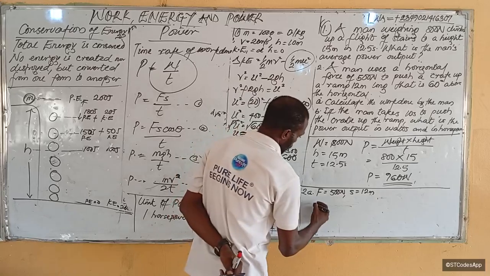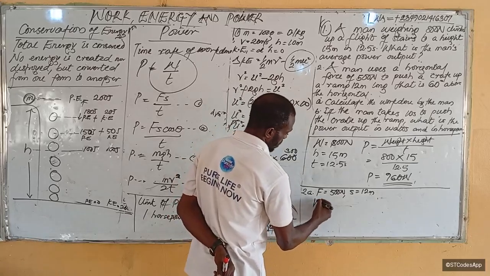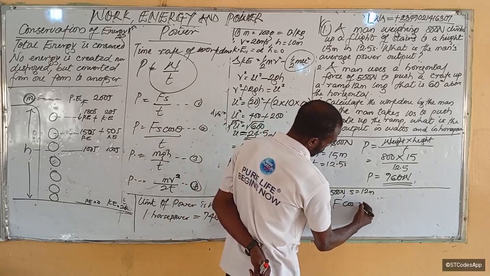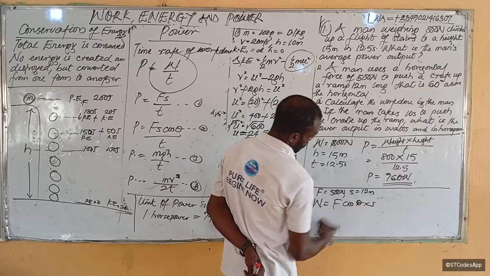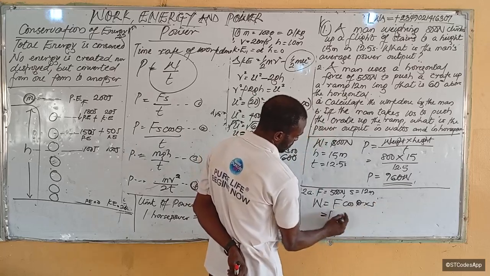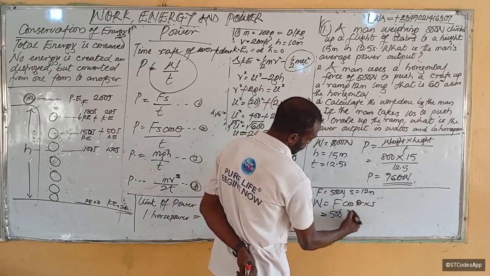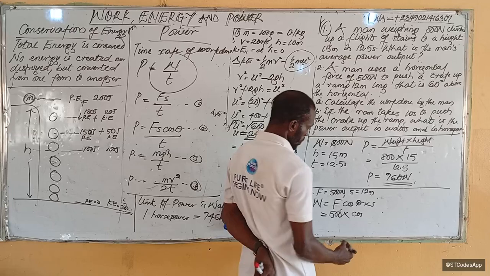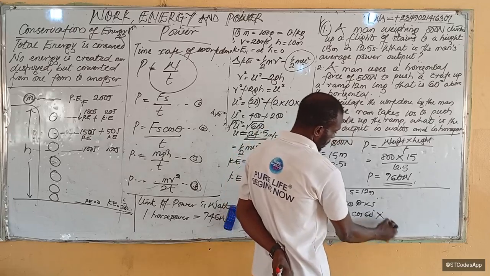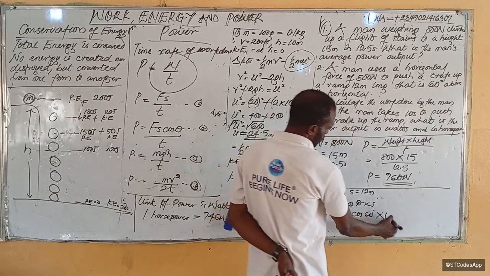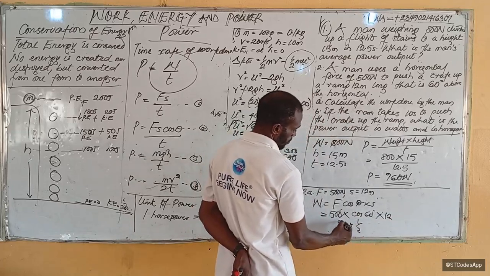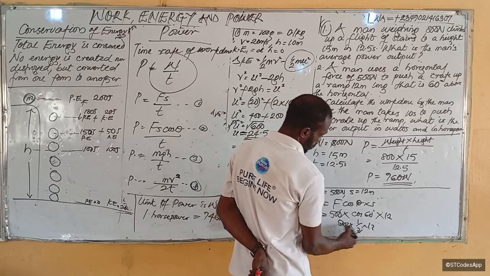So the work done, that's what I have to calculate. Work done is force times cos theta times distance. So F is 500 times cos theta. What is the theta there? 60 degrees. Times what is S? 12. So cos 60 becomes half. 1/2 times 500 times 12.